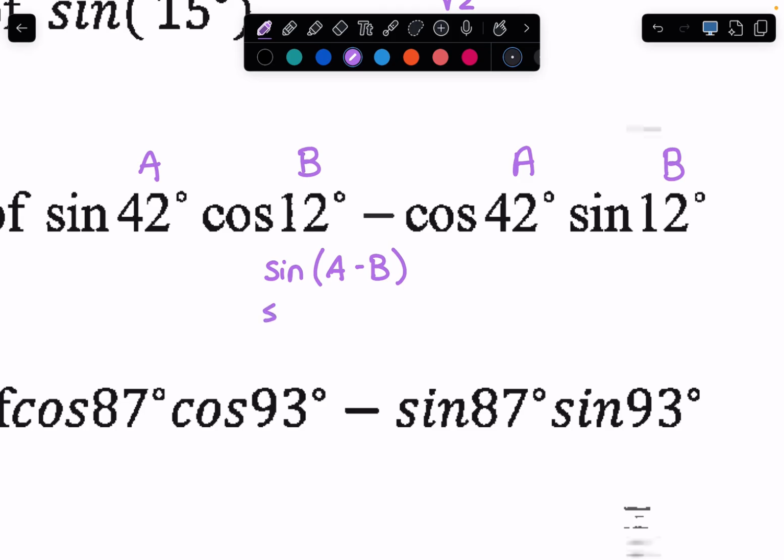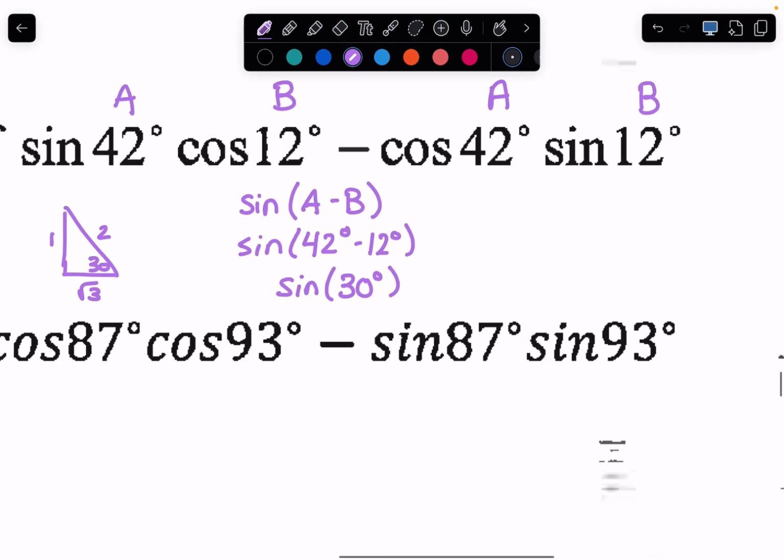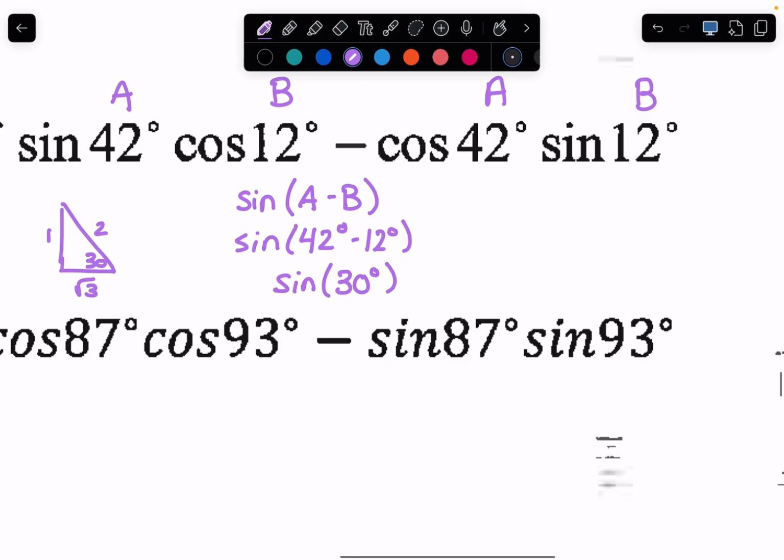A is 42, B is 12. If I subtract those, I get 30. What is the sine of that? 1 over 2, a half. The sine of 30 is a half, opposite over hypotenuse.